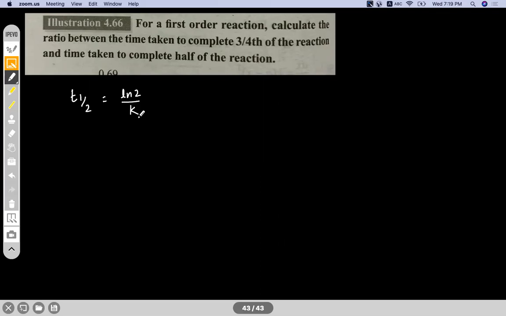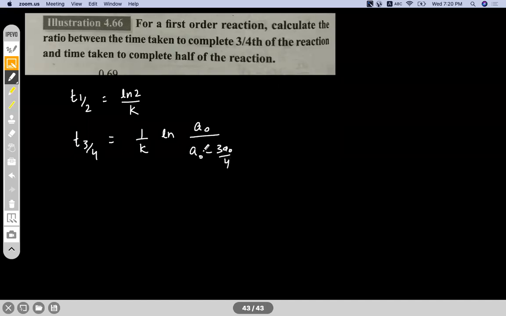Okay. And time taken to complete this reaction, T3 by 4, is equal to 1 by k ln A naught divided by A naught minus 3 A naught by 4, because this much will react.